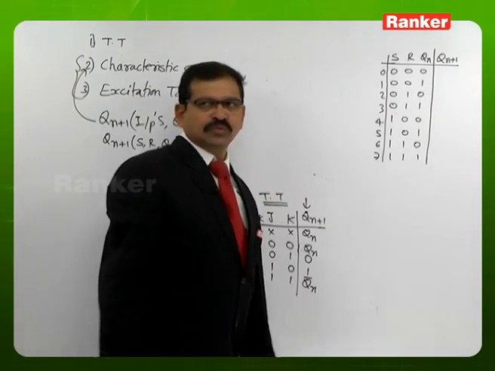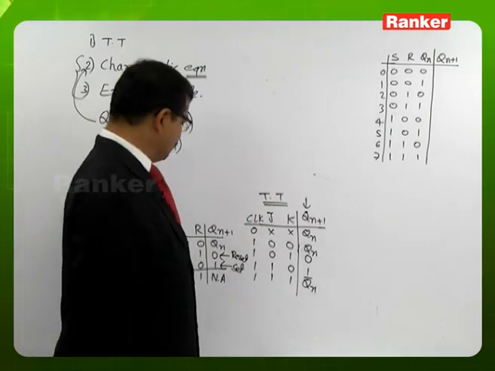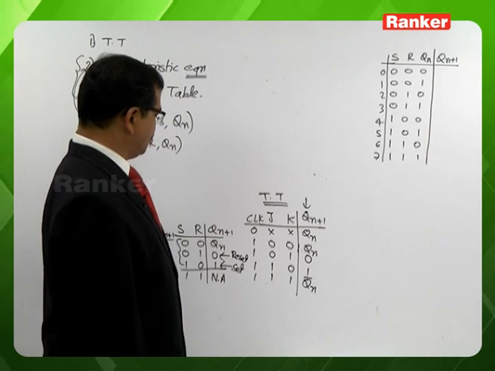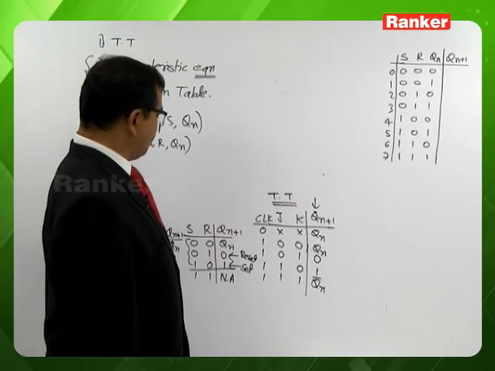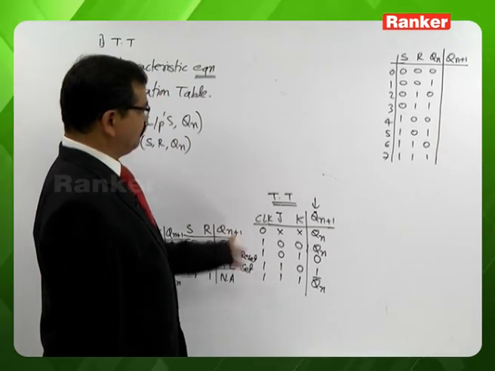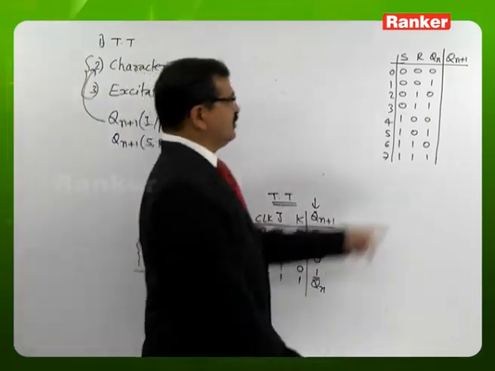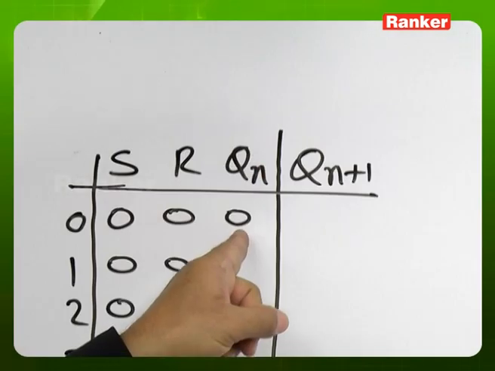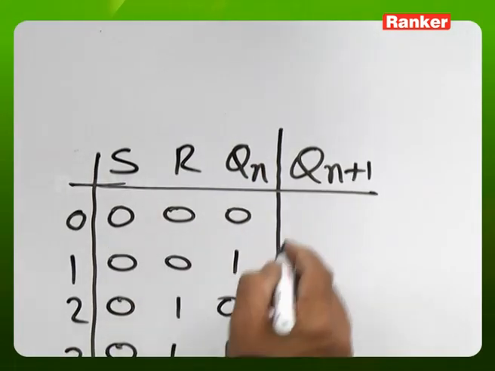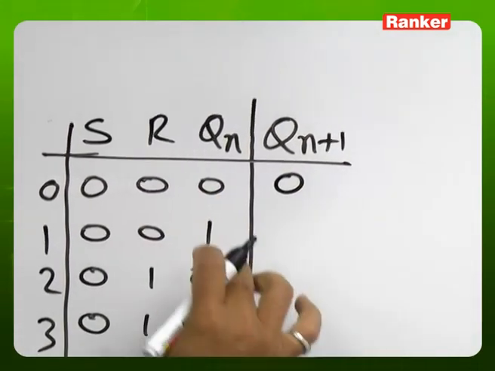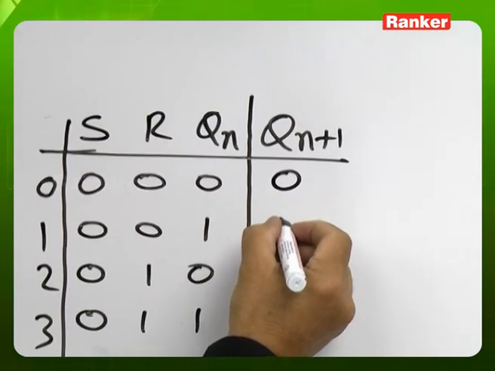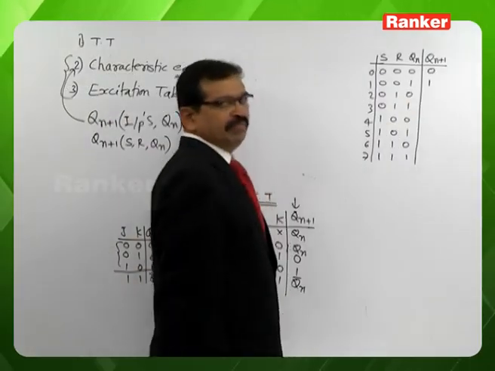To read Qn plus 1, we again refer only to the truth table of the flip-flop. Whenever S is 0, R is 0, in the first two rows, the next state must be the same as the previous state. So for this row, the next state becomes 0 because the previous state is 0. For this row, the next state is 1 because the previous state is 1.